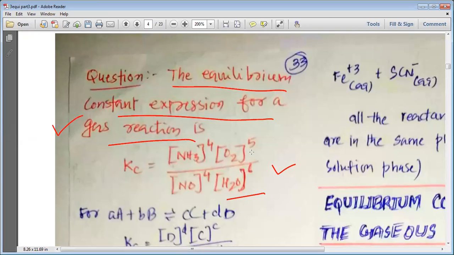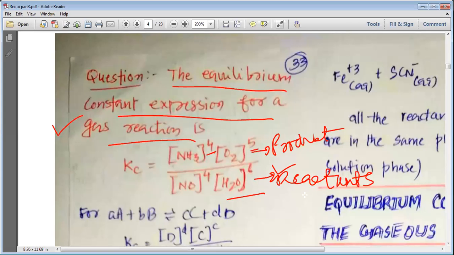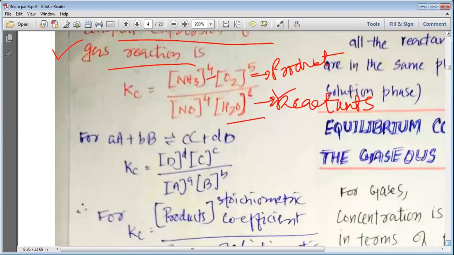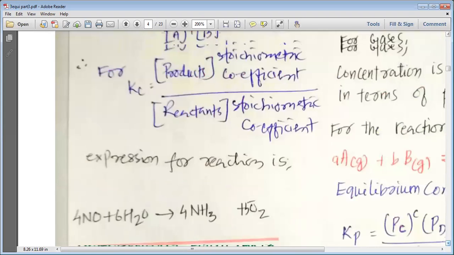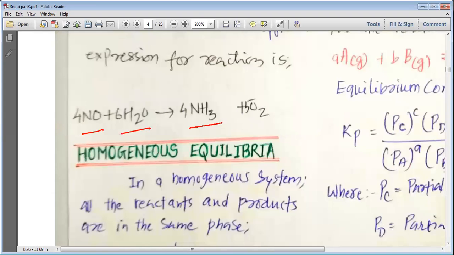We are well aware that this part is our product, this part is reactant, and these are the stoichiometric coefficients. So we can easily write that the reaction should be 4NO plus 6H2O, that gives 4NH3 plus 5O2. The same way I have written here: 4NO plus 6H2O gives 4NH3 plus 5O2.